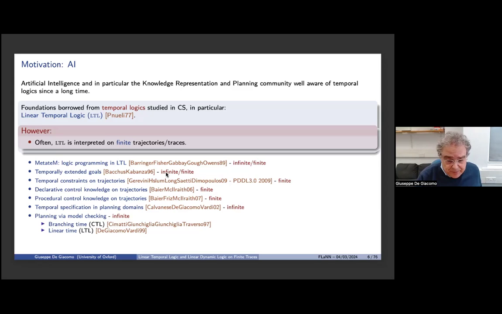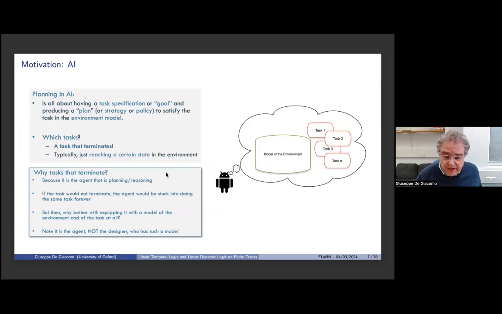This interest in finite traces is due to a very precise reason. In AI, we are thinking about an autonomous agent that plans its actions. You give a goal to the agent, and the agent synthesizes a plan, a strategy, a policy, which takes into account also the environment and allows it to act to satisfy the goal.